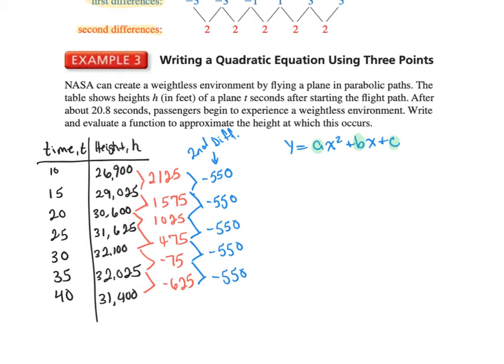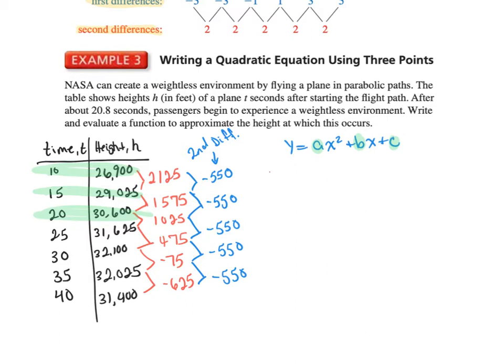But we know how to solve 3-variable systems. So we're going to choose 3 points. I'm going to choose just the first 3 and plug them into my blank equation, creating 3 equations with a, b, and c blank, but I'm going to fill in the x values and the y values. So this is going to be our 3 equations.